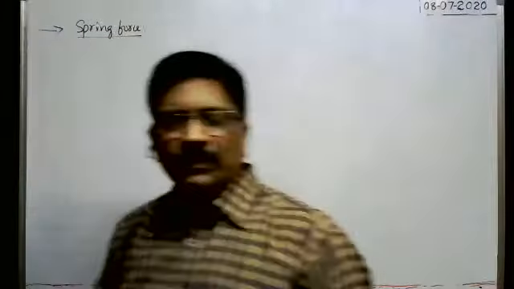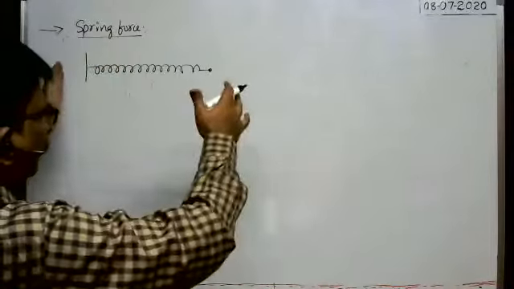Suppose it is a uniform spring. At this instant, it is in the unstretched position. That means there is no extension or compression.